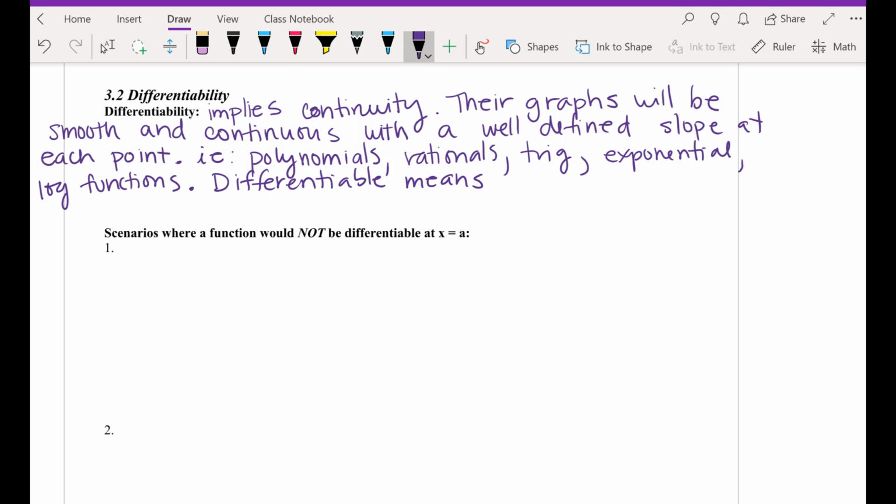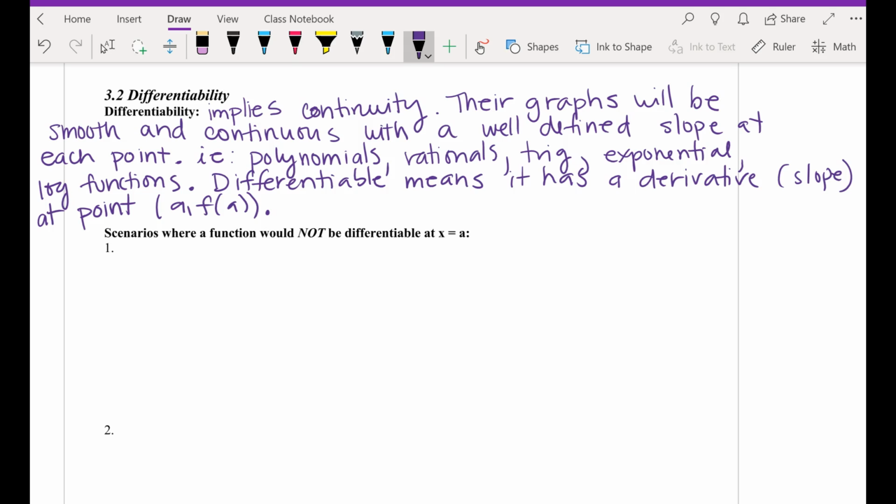Differentiable means it has a derivative, which is called slope, at point (a, f(a)).